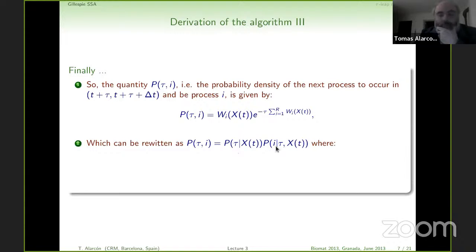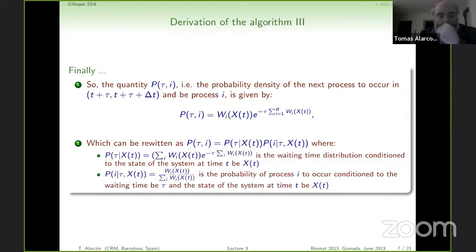Okay, so this is the probability that, conditioned to the state of the system at time t, the waiting time is tau, and then the probability that, conditioned to the state of the system at time t and conditioned to the waiting time being tau, the next event to occur is event I. And we can rewrite this in this way.